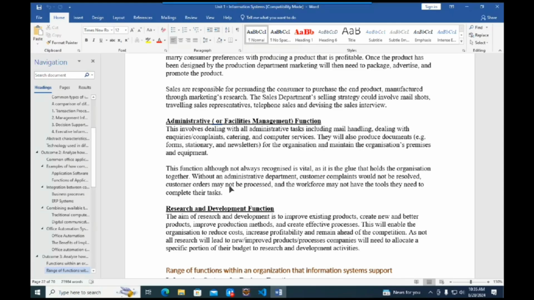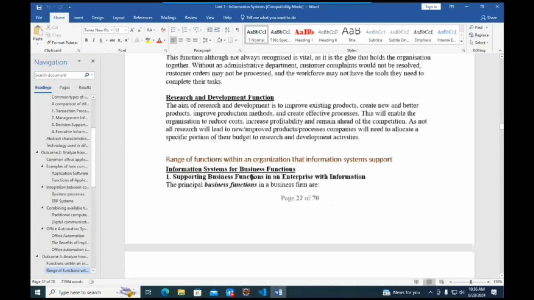Although the administrative function is not always recognized as important, it is actually holding the organization together. It is the glue that holds the organization together. Without this department, you're going to have customer complaints that won't be resolved, customer orders that may not be processed, and a workforce that may not have the tools required to complete the tasks assigned to them.